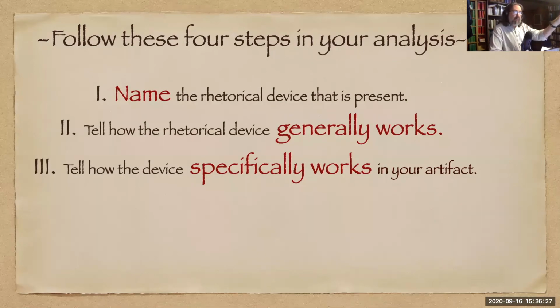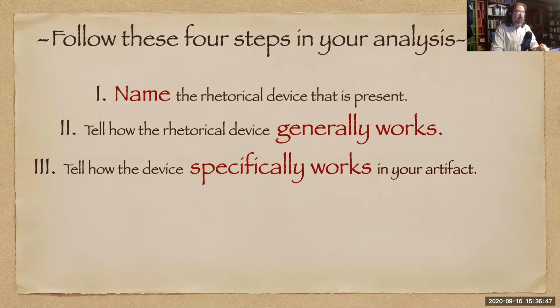We have moved from naming a specific device to a discussion about how that kind of device works, generally speaking. And now we're focused on the presence of that device in my artifact. I call attention to it and I talk about how it's working there.